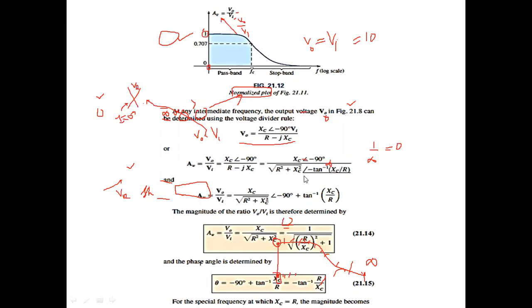At the cutoff frequency, this is the case when Xc is equal to R. This is the case when Xc is equal to R. So at this frequency Xc is equal to R. Okay.